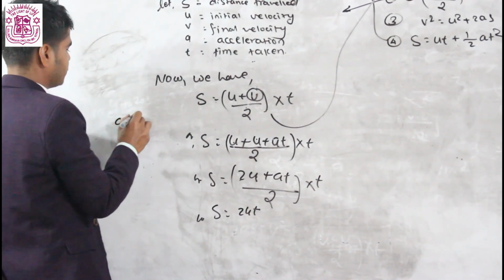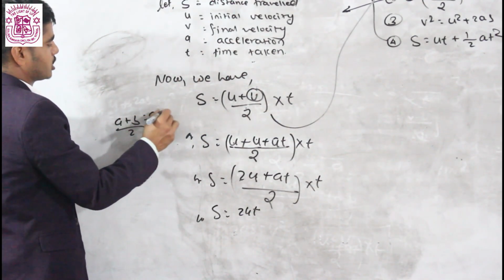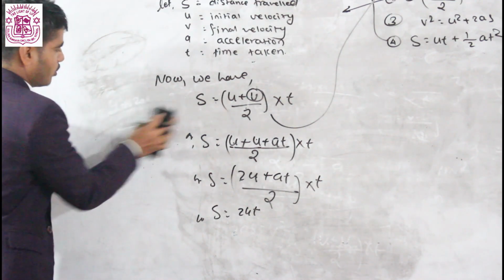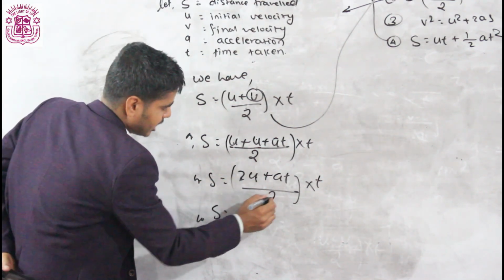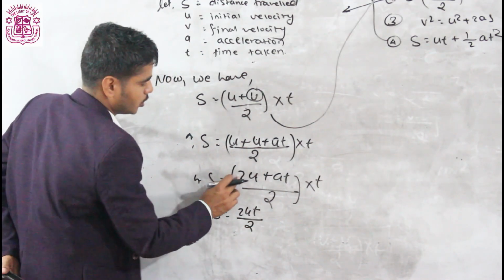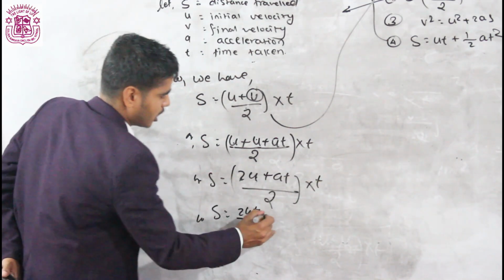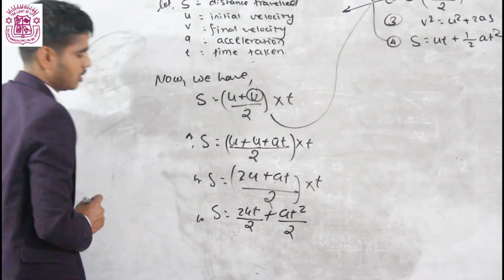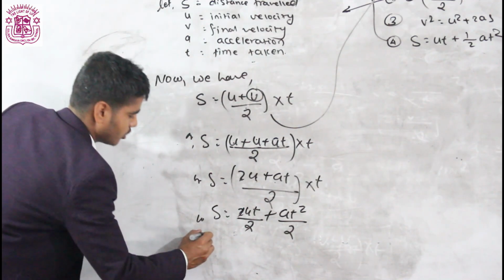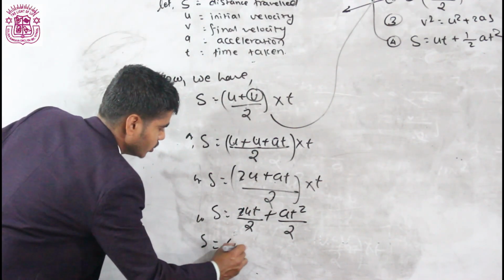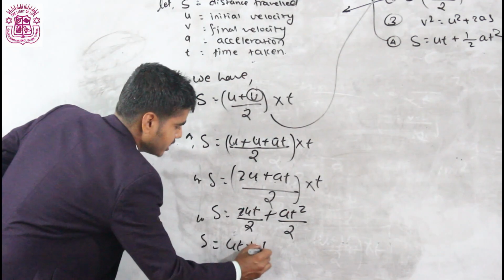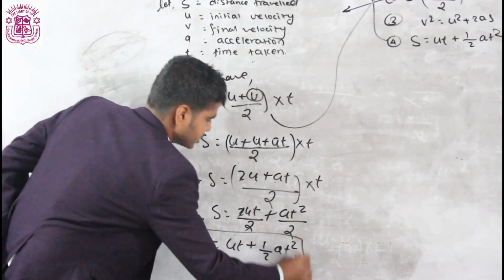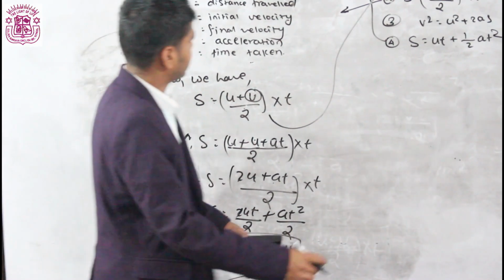If (a + b)/2 is there, then we can split it as a/2 + b/2. Similarly here: 2ut/2 plus at·t/2. The 2 cancels out, and we get s = ut + ½at², or at² by 2, which is the proof of this statement.